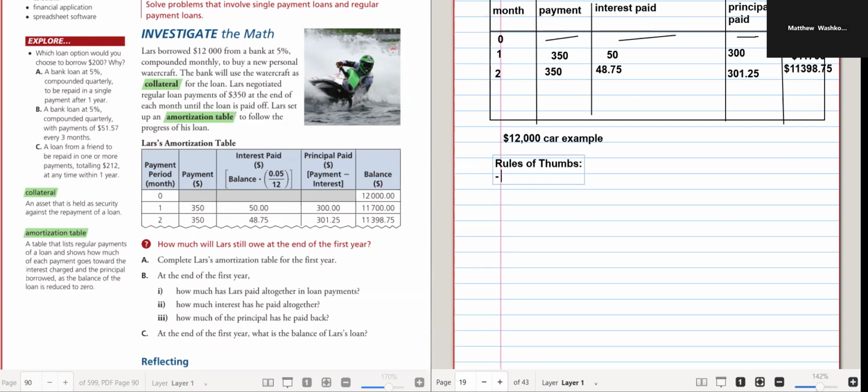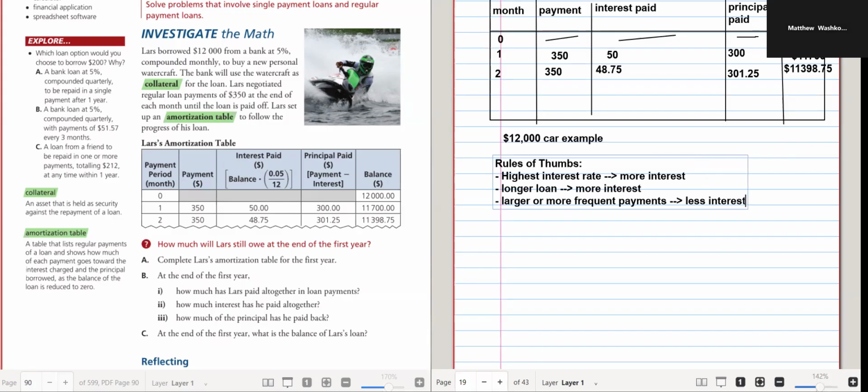So generally speaking, if you have a higher interest rate, you pay more interest. If you have a longer loan, you pay more interest. If you have larger or more frequent payments, you pay less interest. And we'll talk about that later.